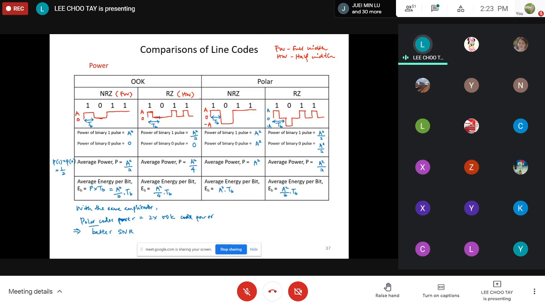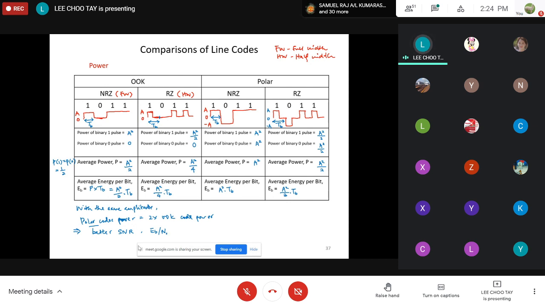Later on, when we move on to digital modulation, you will see that the polar code will also give you better energy per bit over noise energy, a better Eb over N naught. We're going to use Eb over N naught in our practical later on, so that's why I introduced the concept of Eb over N naught here.